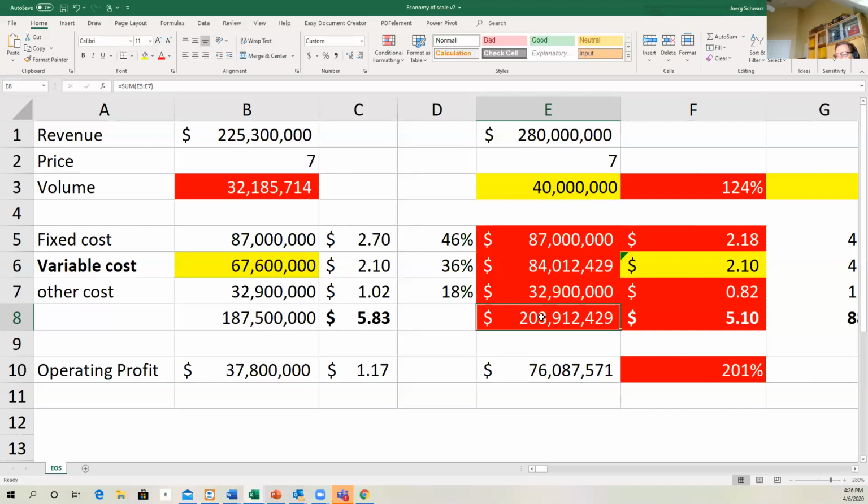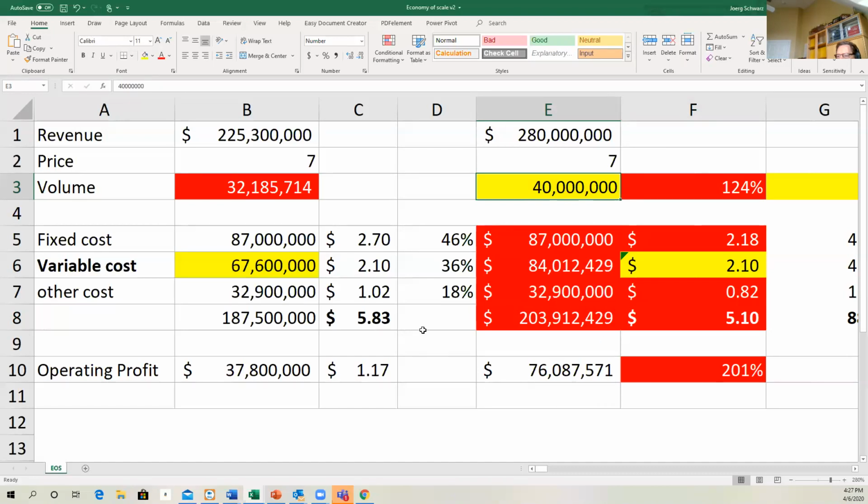Okay, so our overall cost went up, but our cost per unit went down from 5.83 to 5.10 per unit. What you will see now is that our operating profit went up significantly, and there's two reasons for it. First of all, I sell more units, and second, I sell more units at a higher margin.